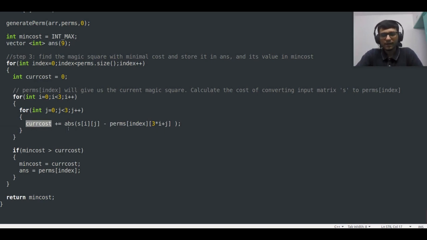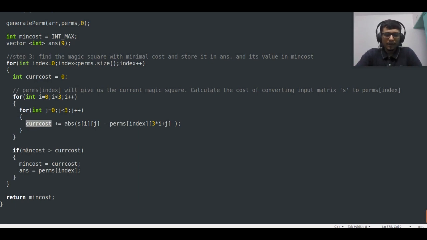After taking differences for all the values inside both of these 3x3 matrices, we'll have the total cost of converting the input matrix S to perm of index, which is our current 3x3 magic square, inside this current cost variable.